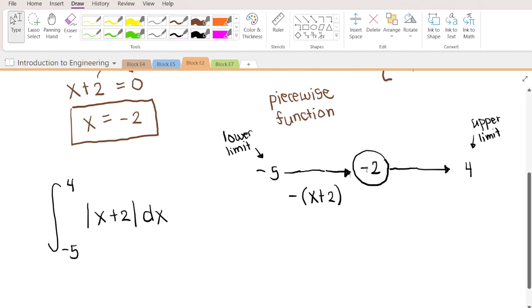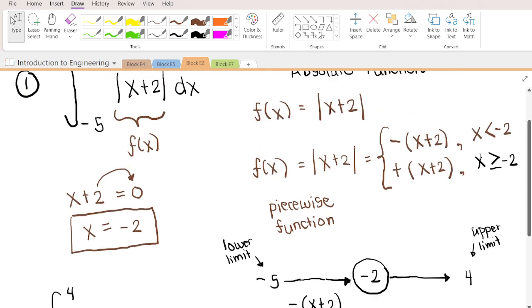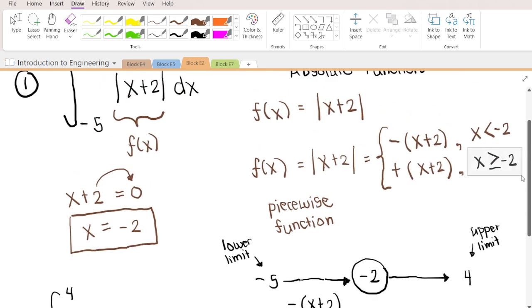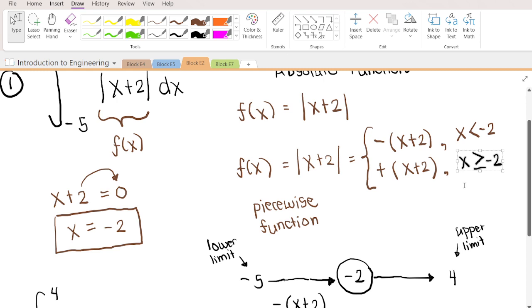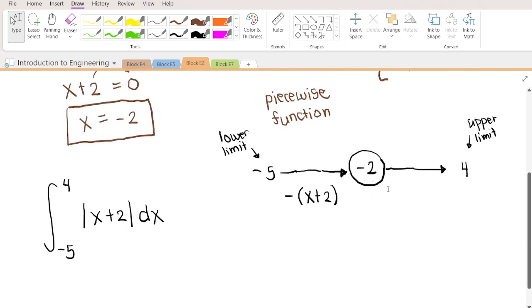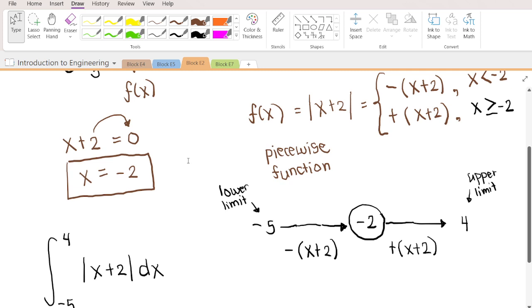However, from -2 to +4, the condition of x greater than or equal to -2 holds true, which means that for this case, the positive equivalent of the absolute function should be integrated, in order to make the integration valid.